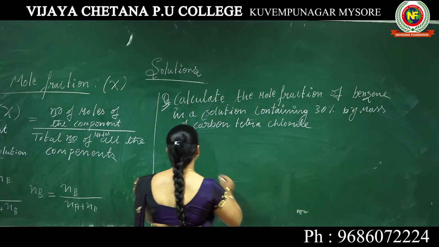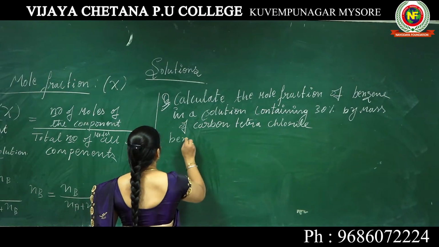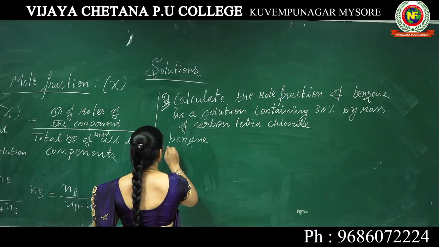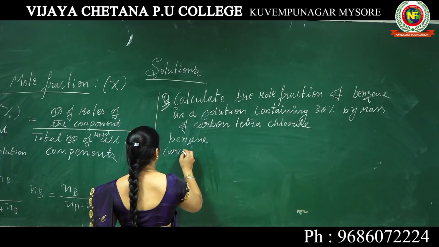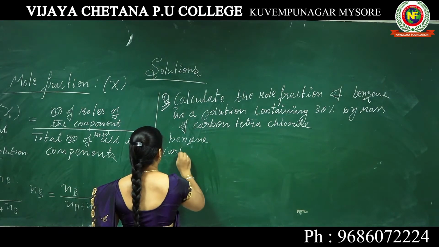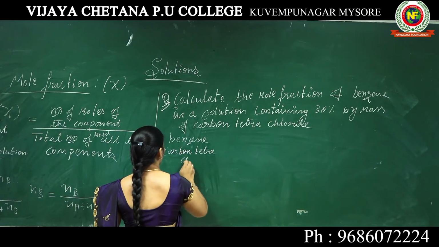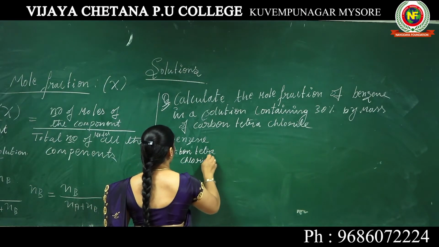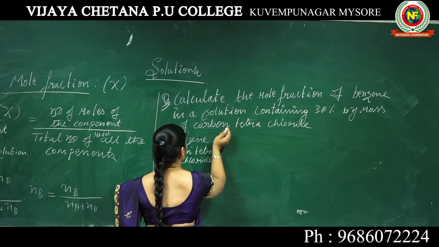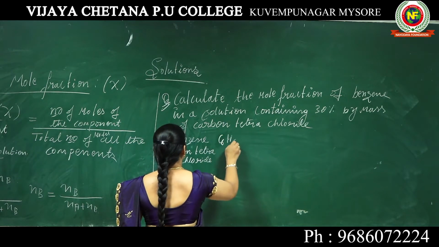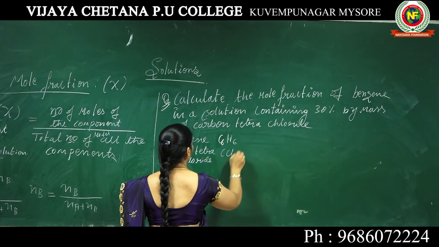So here we have benzene and carbon tetrachloride. Benzene has the formula C6H6, and carbon tetrachloride is CCl4.